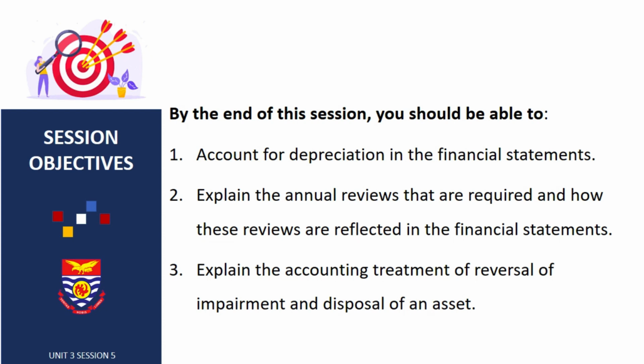And third, explain the accounting treatment of reversal of impairment and disposal of an asset. So these are what you should target yourself to understand and produce at the end of this lecture.